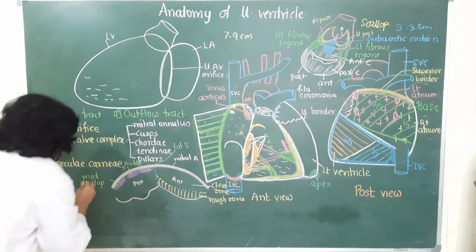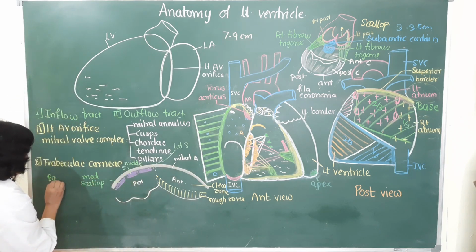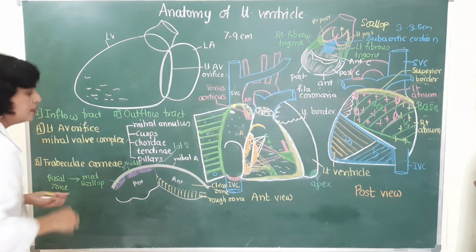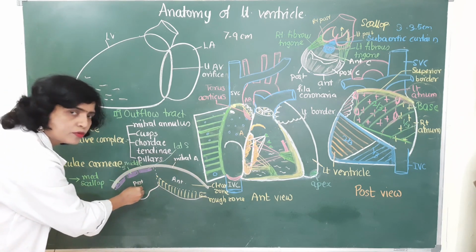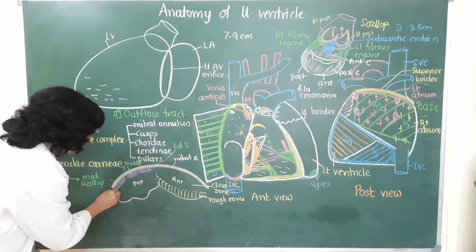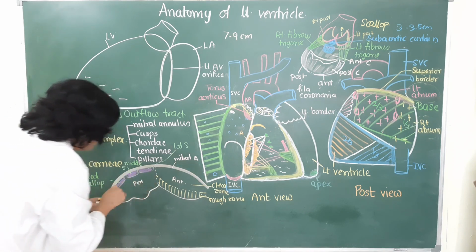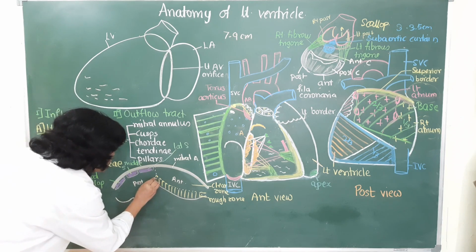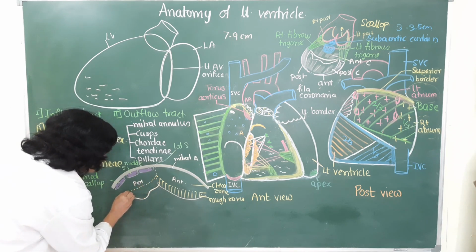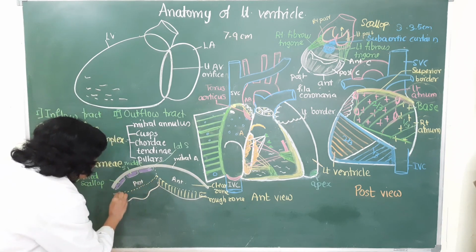So all these are the parts of basal zone. So basal zone in case of the posterior leaflet is divided into the medial scallop, middle scallop and the lateral scallop. It shows the clear zone over here, and then is the rough zone.